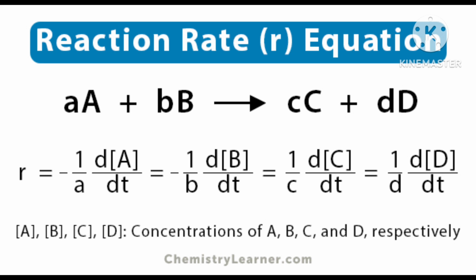The concentration of A and the concentration of B will both change with time, because they will react and give the product. In the beginning, suppose you have taken A at 10 mole per liter, and B at 15 mole per liter.